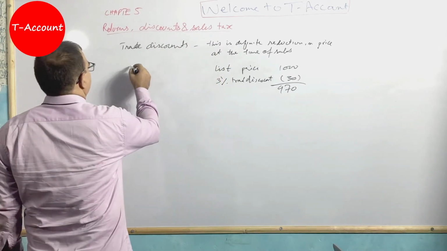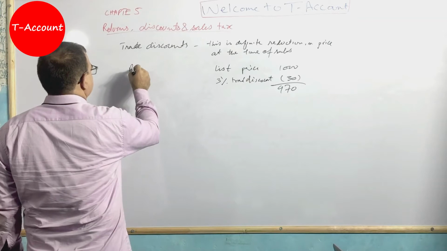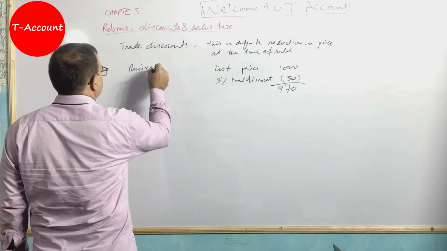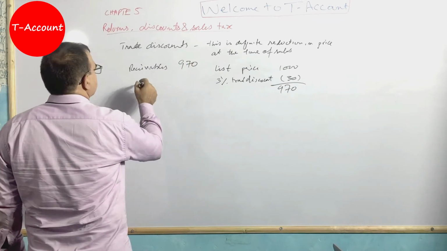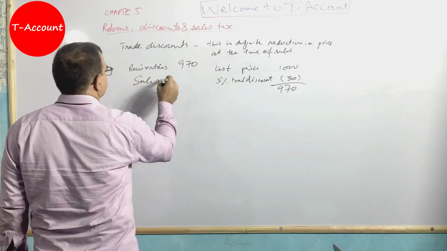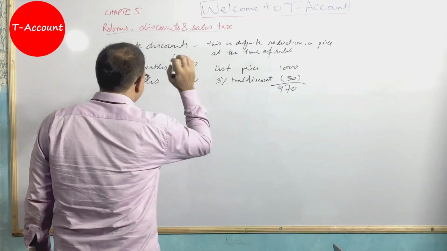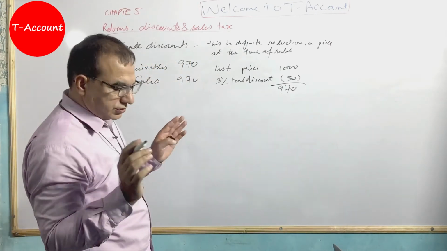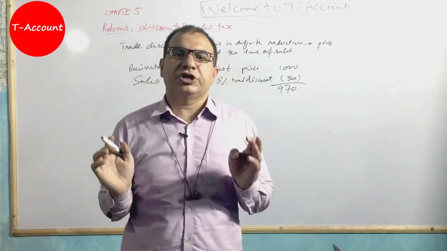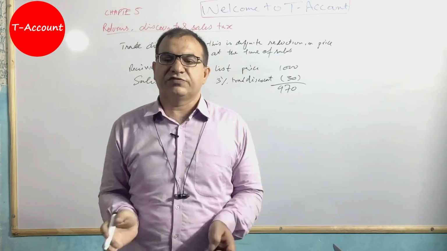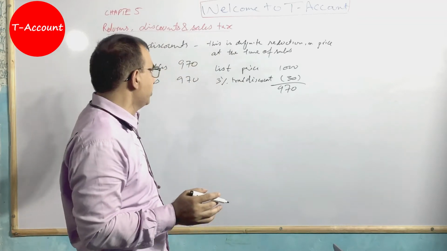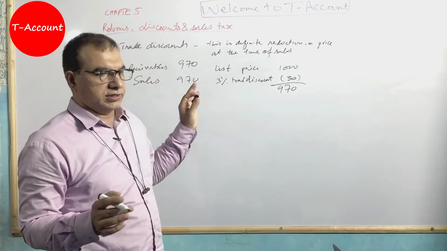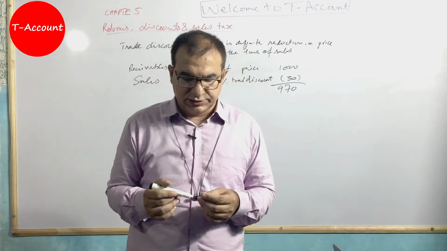Let's say cash or receivables 970 to sales, and finish. There is no mention of trade discount, no ledger for trade discount, no journal entry for trade discount, because you already know at the time of booking that this is the value of your sales.